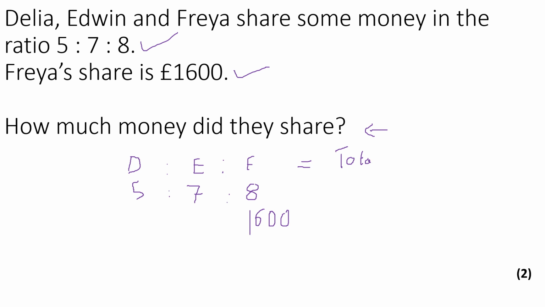But the first thing I'm going to do is I'm going to look at how am I getting from this 8 to 1,600. So calculator, I would then just put 1,600 divided by 8. If not, I'm going to come to this bus stop method. 8 into 1 doesn't go. Carry the 1 across because I haven't used it. 8 into 16, it's 2.